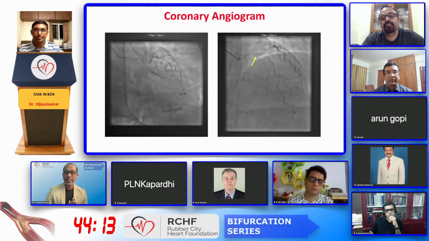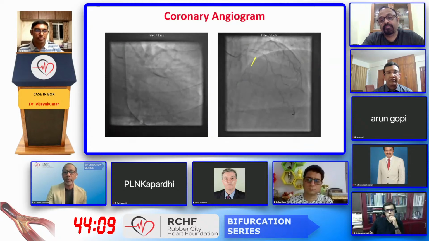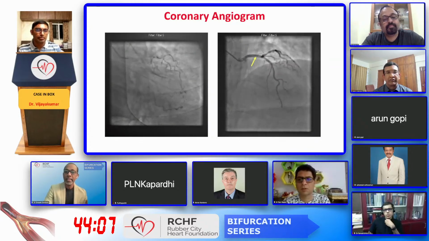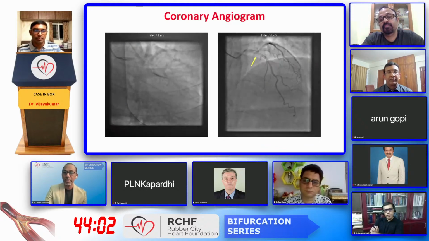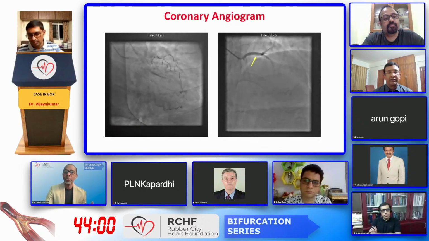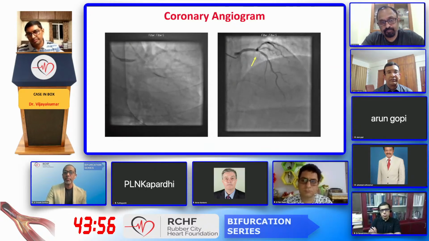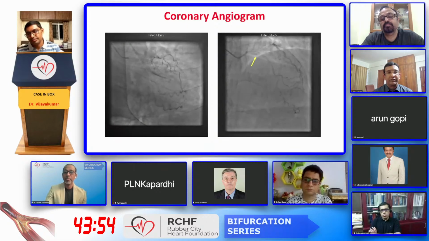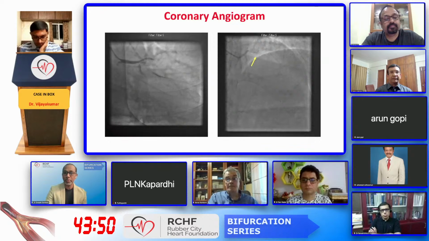Will that be the strategy in the majority of these situations, like what Dr. Arun and everyone has suggested? Or are there other thoughts, like doing an FFR of the LAD right from the beginning, or doing an imaging run from the LAD back into the left main with OCT or IVUS, looking at whether the criteria are satisfied that the LAD also should be stented?